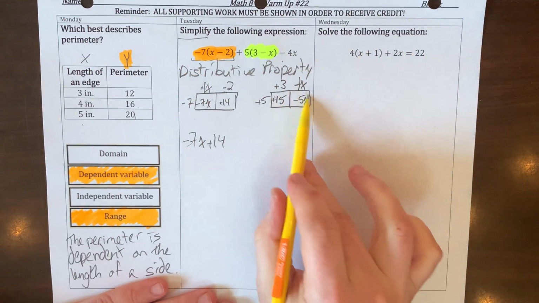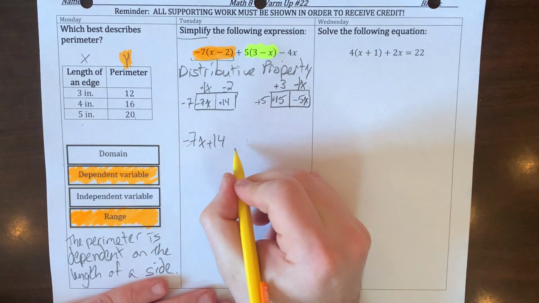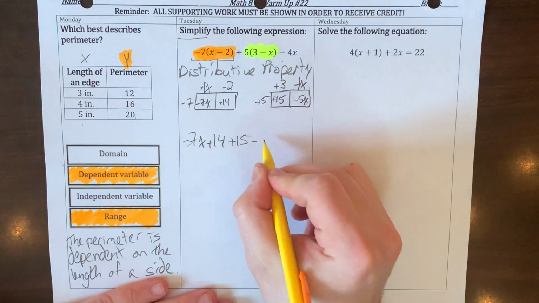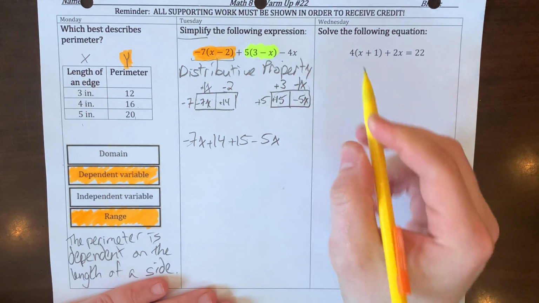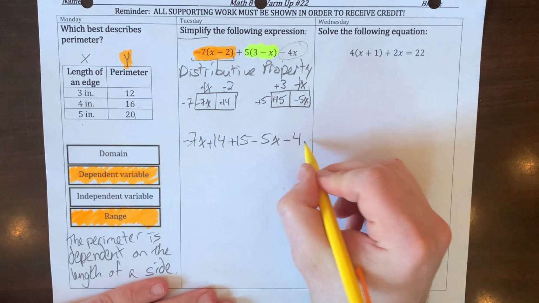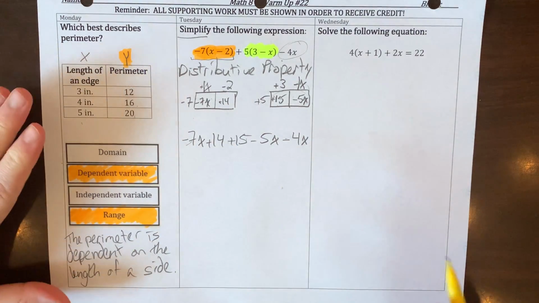Again, whatever I write inside, meaning my products, I can bring that down for my expression. So I have +15 minus 5x. And make sure you bring down the rest of it as well. So I need to bring down that -4x as well.